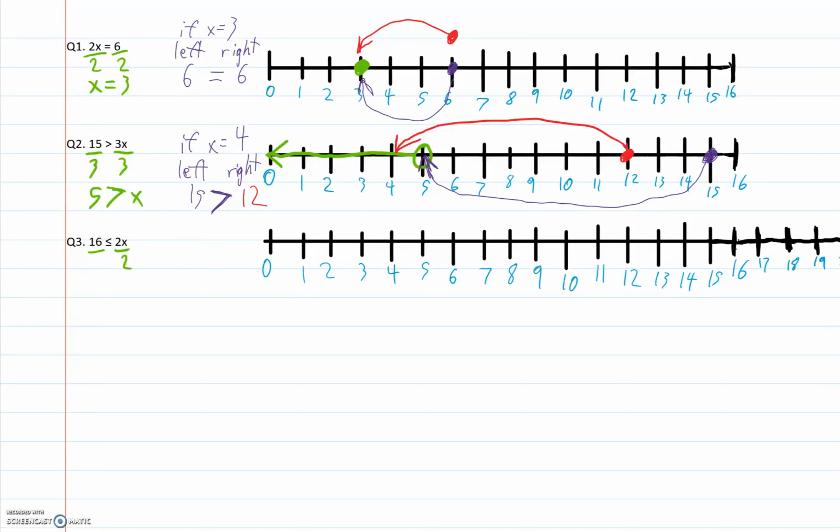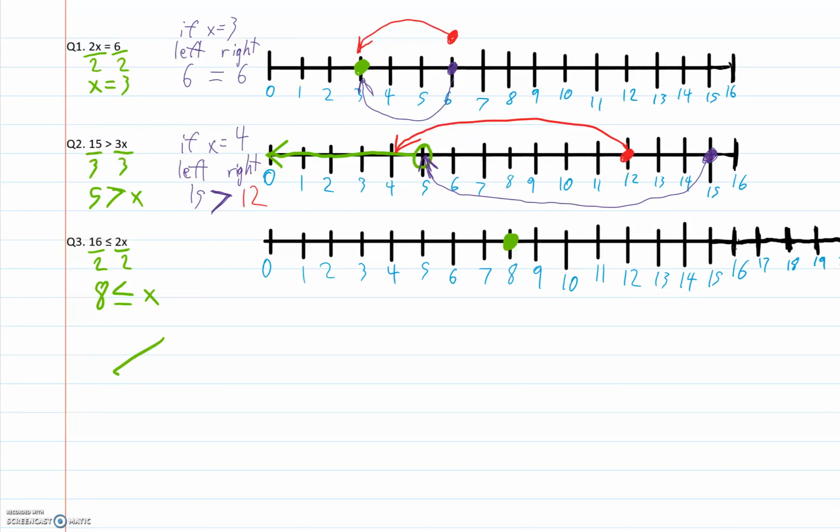Well, we divide by 2, so we have 8 is less than or equal to x. Okay, so let's put that down. It's going to be a filled in circle because it's also got that equal to sign. And x is the bigger side.